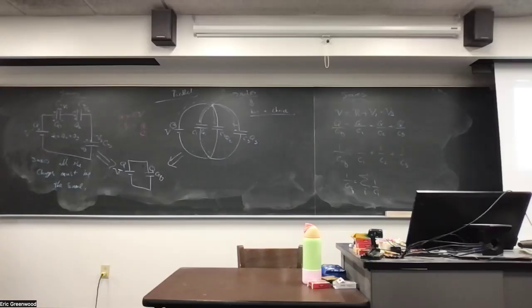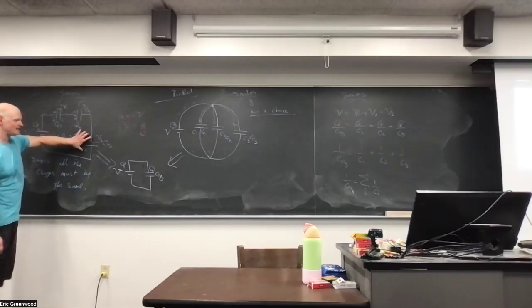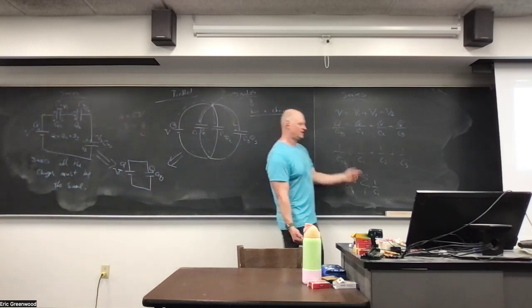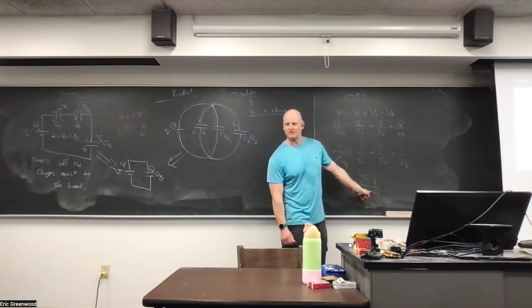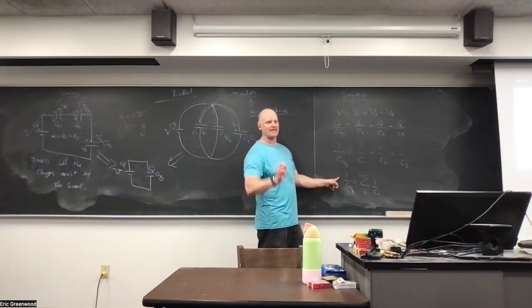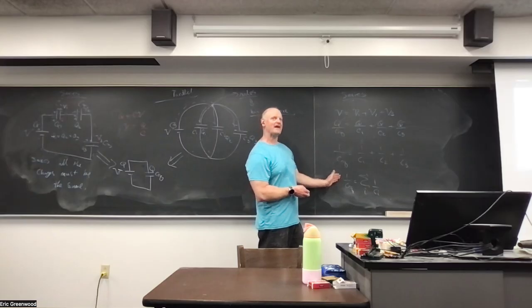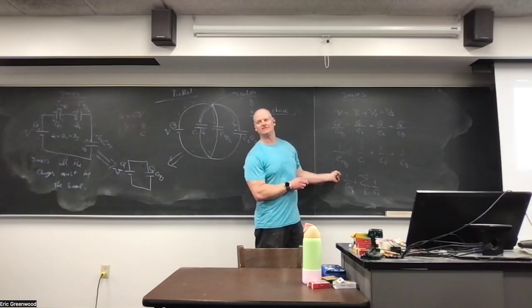Okay, so this says that if I have capacitors in series, I add them together inversely. I take 1 over each one of them, add them all together, and then to find the equivalent capacitance, I invert that. Okay, what effect does this have on the overall capacitance? Does it increase the capacitance or decrease the capacitance?